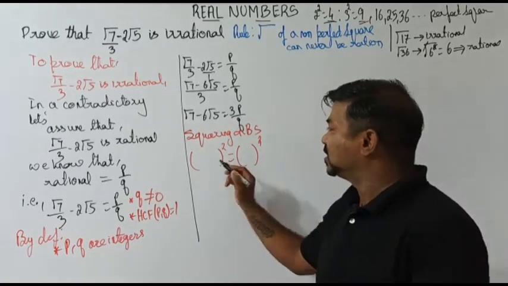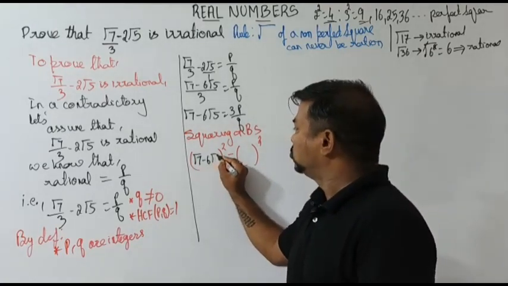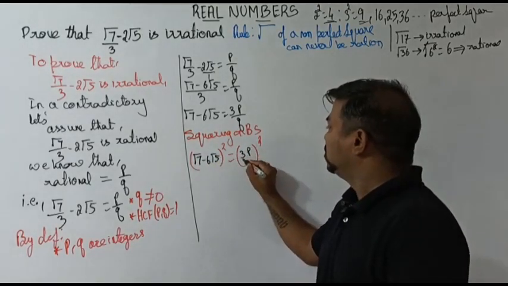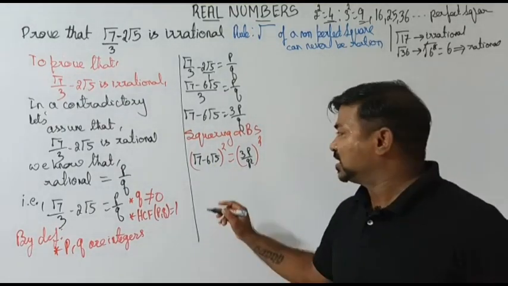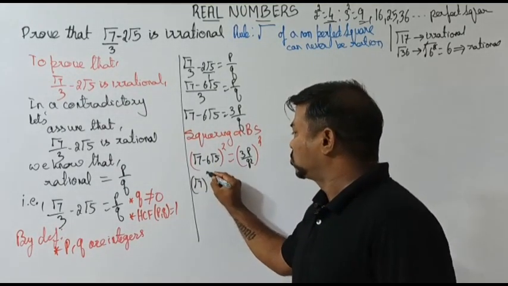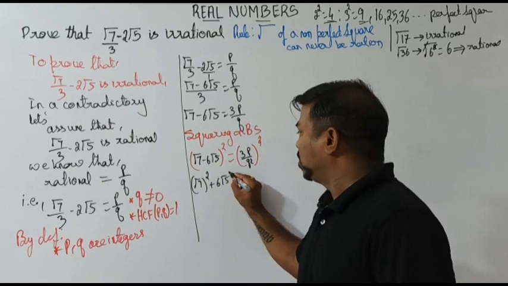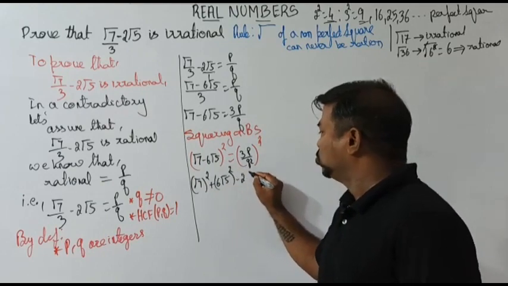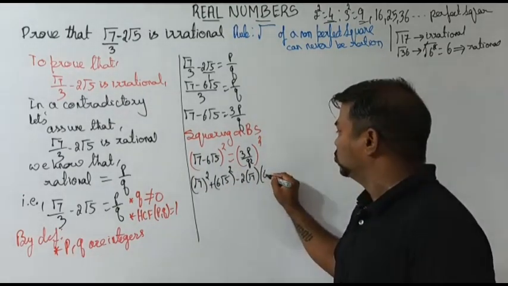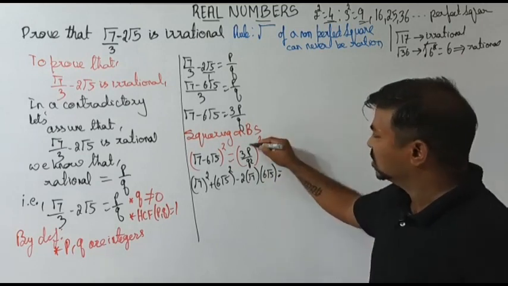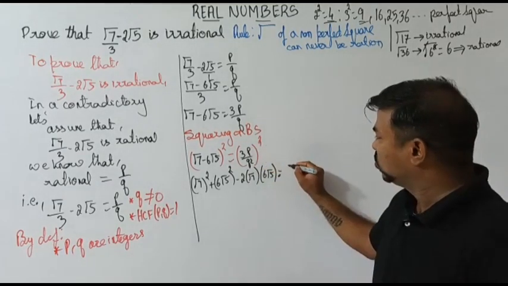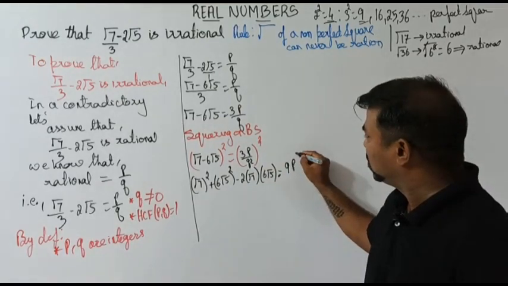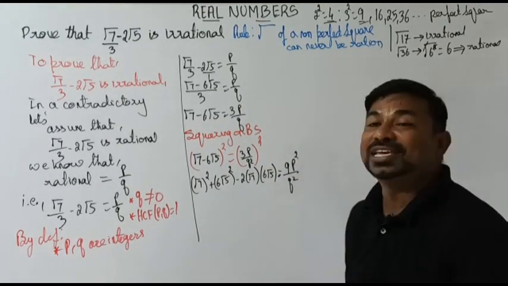There we have root 7 minus 6 root 5, and here it is 3p by q. Alright, let's start simplifying. Root 7 whole square plus 6 root 5 whole square minus 2 into root 7 into 6 root 5 is equal to, the square comes to all the 3, 3 square 9 p square by q square. Till here we have landed.